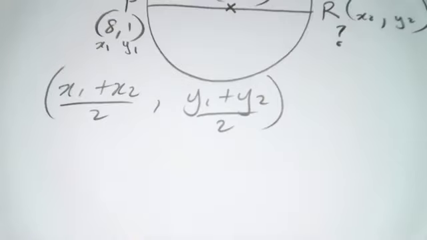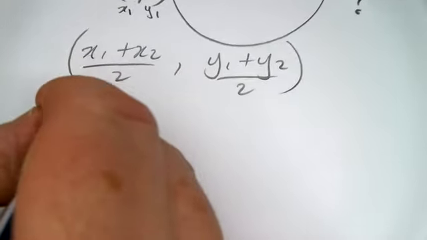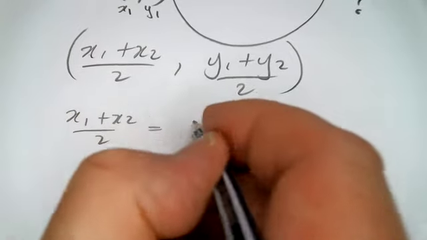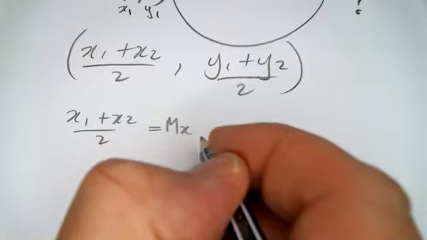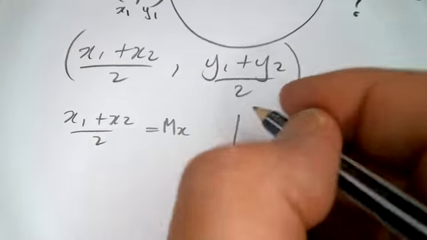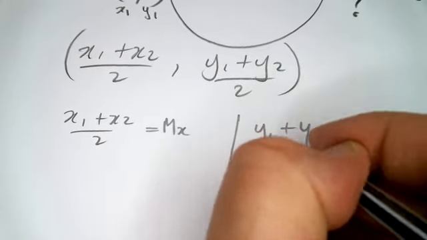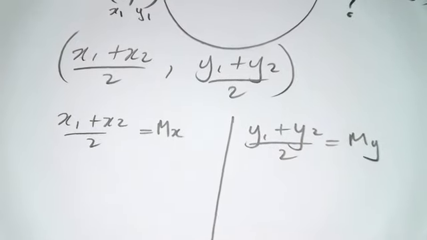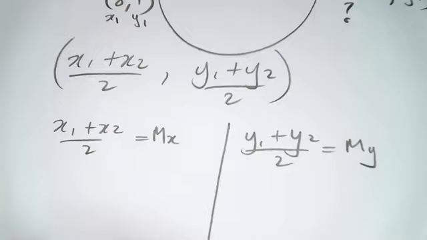So let's now form a little equation here. We've got (x1 + x2)/2 equals the midpoint for the x part. And then I'm going to say (y1 + y2)/2 is equal to the midpoint of the y part of the equation. All right, so what was x1?